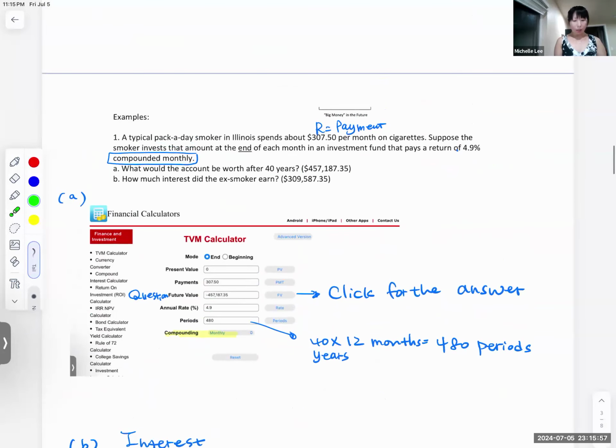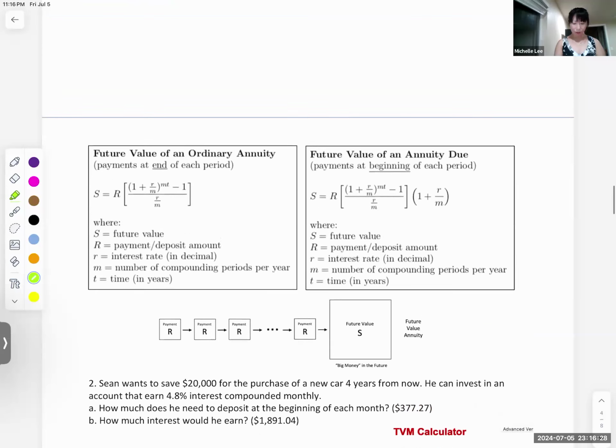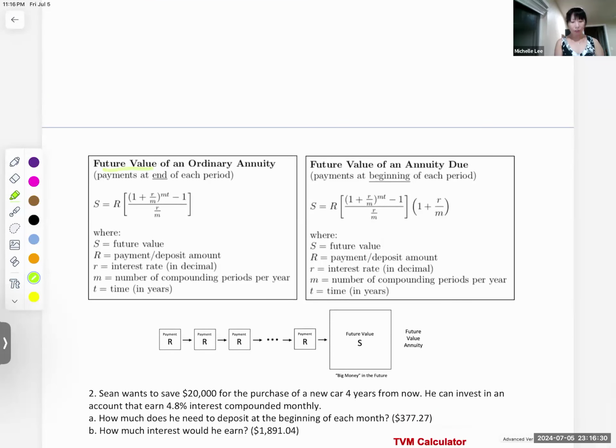Here they say that at the end of each month. Let me highlight, at the end. Okay, that's why we're using end here, right? Those kinds of things we call ordinary annuity, yeah? Ordinary. So here is the future value. Let me hide this one first. The future value of an ordinary annuity, right?